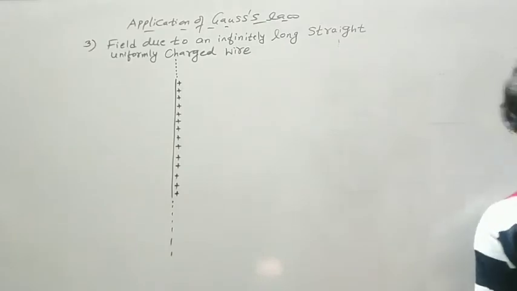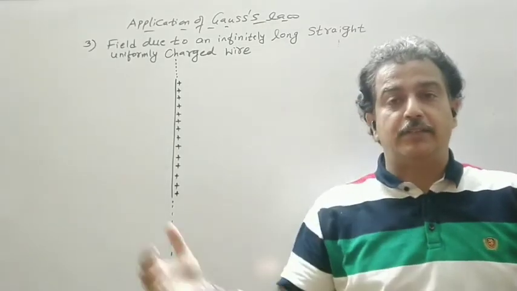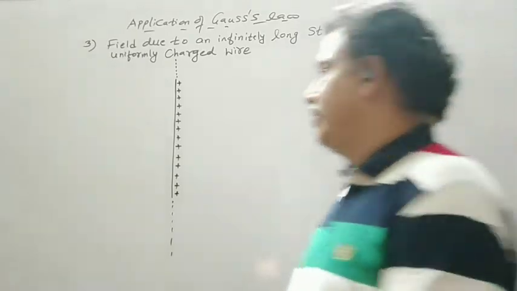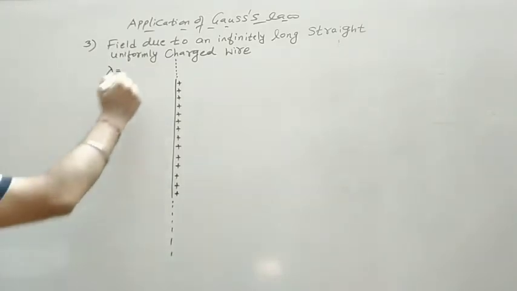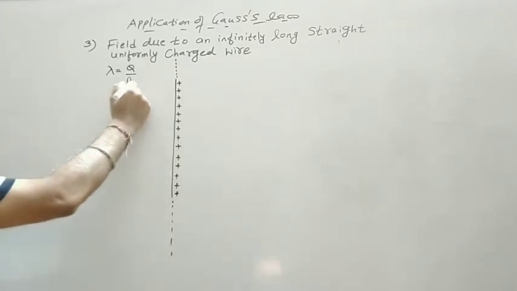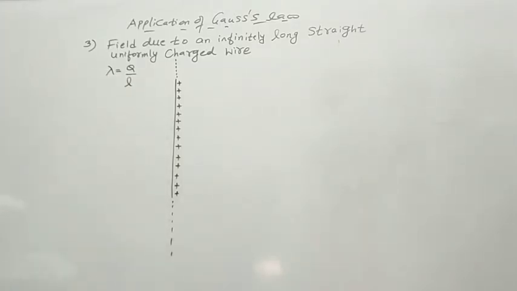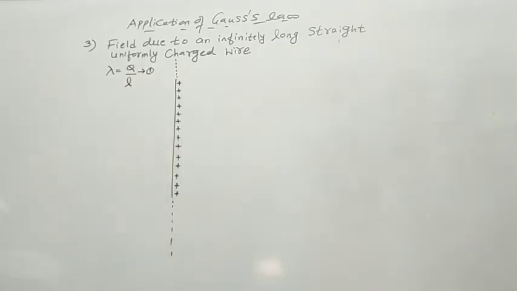Now in all the applications, first you have to define the density, whether it is surface, volume or linear charge density. So if Q is the amount of charge, then lambda is equal to Q upon L, that is the length of the wire. So the linear charge density is Q upon L.